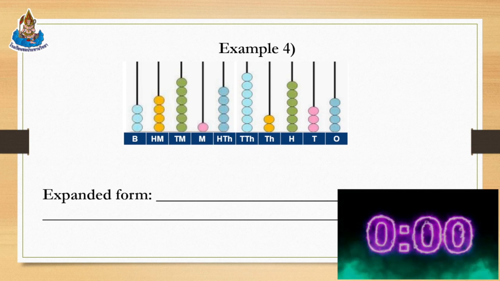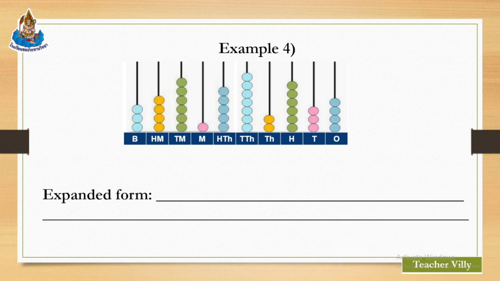Alright, so let's check your answer. Ready? So first, let's find the number. So based from this figure, what is the number in the ones place? Alright, it's 4. What is the number in the tens place?